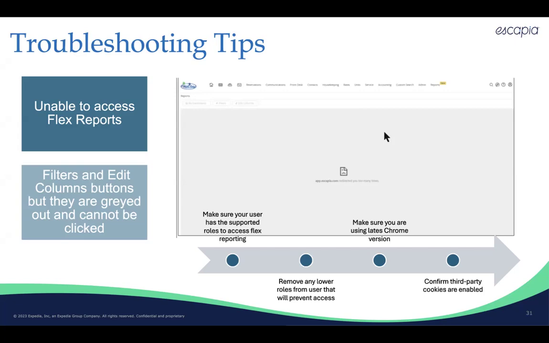None of those should be in there. They should only have agency administrator and accounting manager. Any of those lower roles that are unnecessary, you're going to want to get those out of there. Otherwise, you're going to want to make sure you're using the latest version of Google Chrome and confirm that your third-party cookies are enabled.